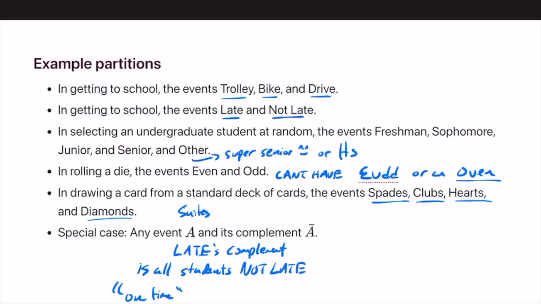But the complement of late isn't not late. Technically, the complement of late is, you're either late or you're not late. The complement of late is technically 1 minus late, is what I meant to say.